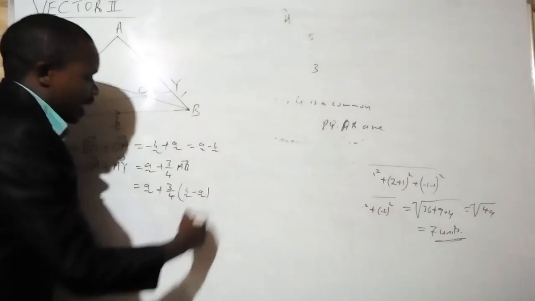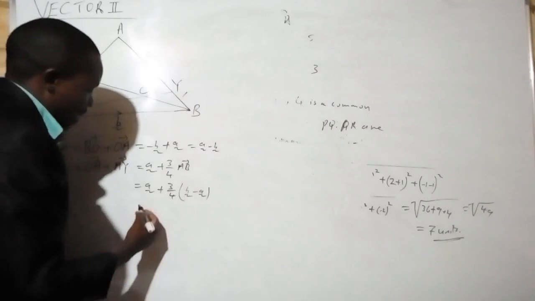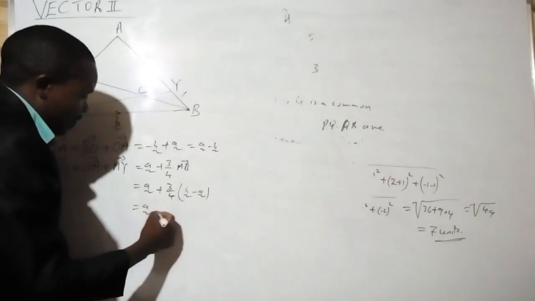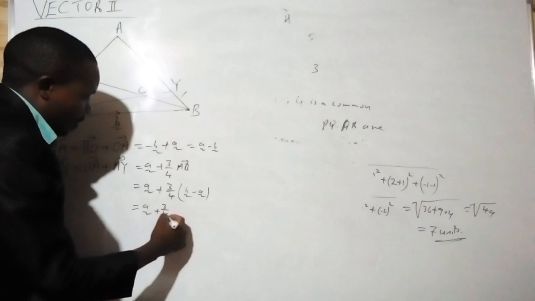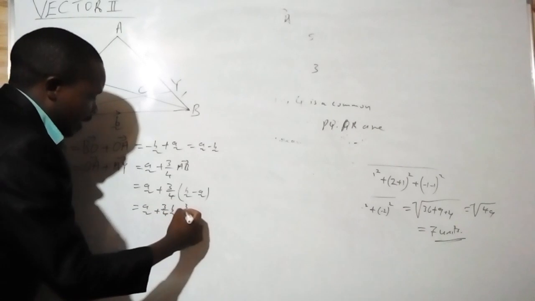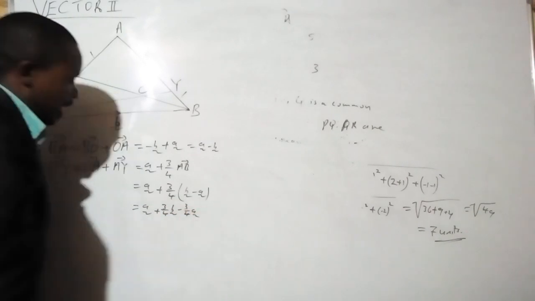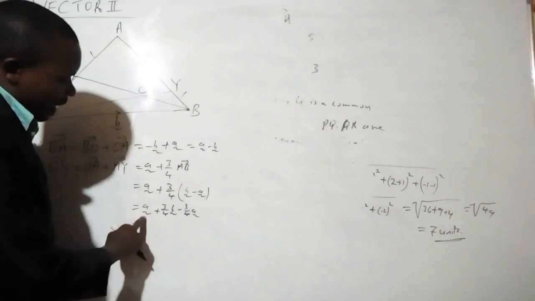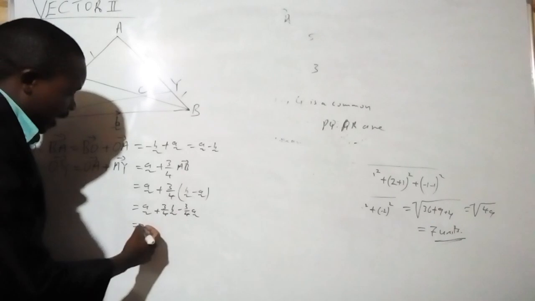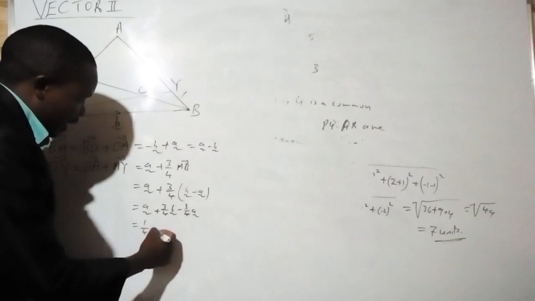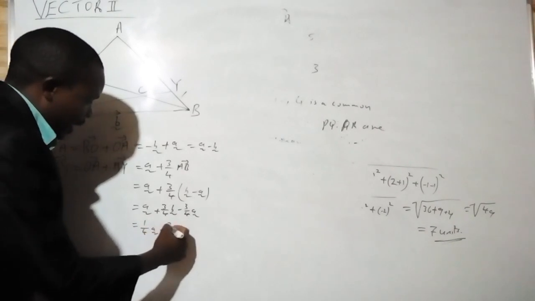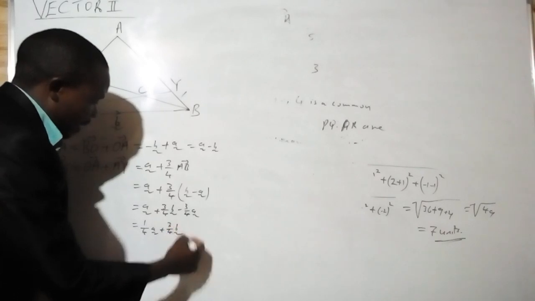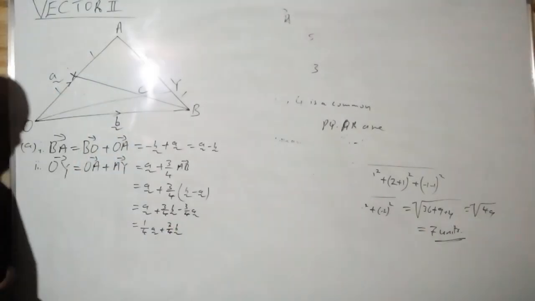Then you open the brackets. Vector A plus 3 over 4 vector B minus 3 over 4 vector A, like terms. A minus 3 over 4 A is supposed to be a quarter vector A plus 3 over 4 vector B. That should be the correct answer for that part.